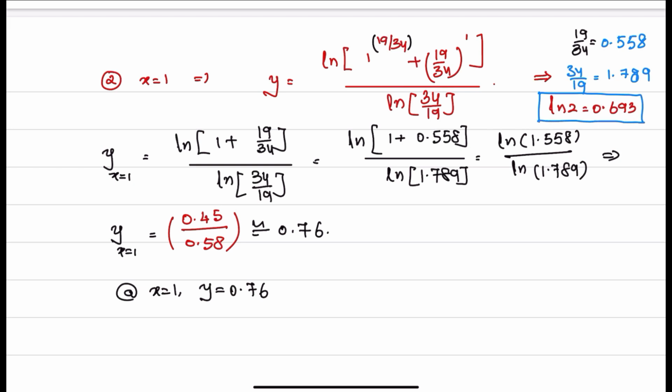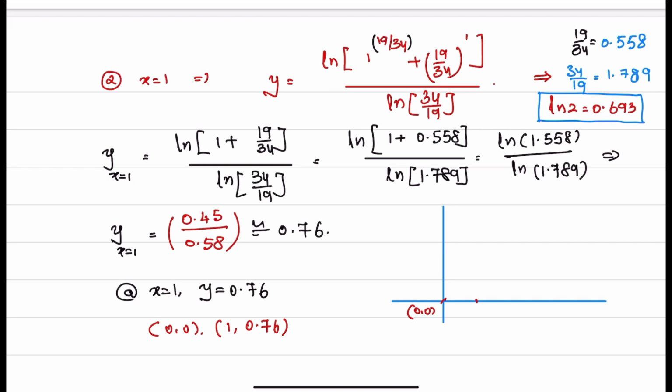Now, in the graph, let us try the graph shape whatever we have assumed in the first, whether it is correct or not. It's passing through origin. One point is 0, 0, another point is 1 and 0.76.